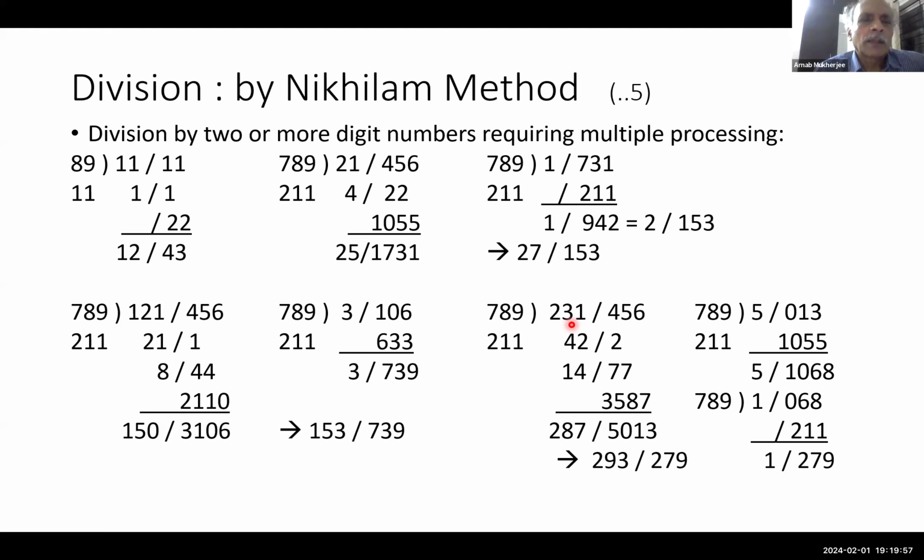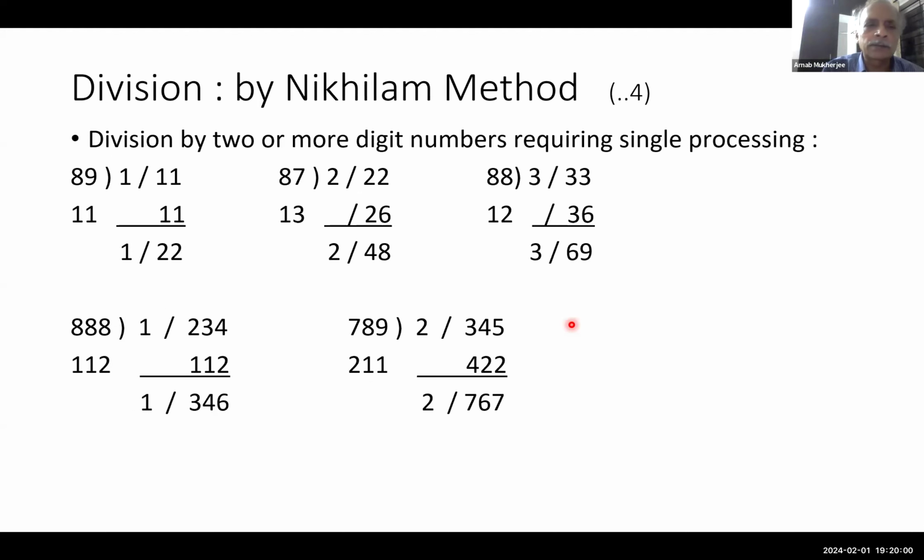So here I am putting this line because the divisor is near about 100. 100 has 2 zeros after 1, or 10 to the power 2. So after 2 digits from the right, we put this line. If it were near about 1000, there would be 3 zeros, or 10 to the power 3, so you put the line after 3 digits from the right.